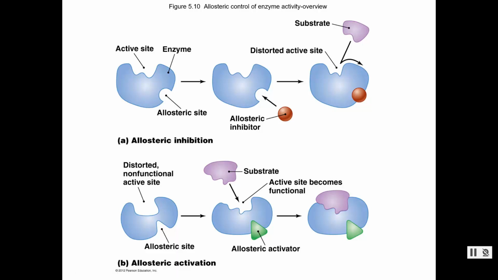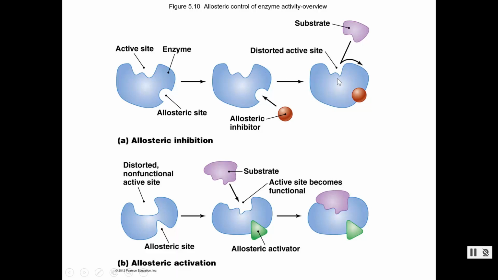So when we're talking about allosteric, we can have an allosteric inhibitor. So this is a molecule that binds at this allosteric site, so allosterically, someplace other than the active site. But remember, we got this 3D conformation, and when you shove something in there, it's going to change the shape. And when that allosteric inhibitor binds, it changes the shape of the active site.